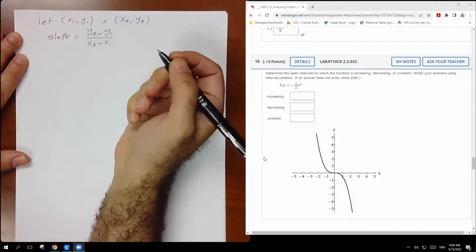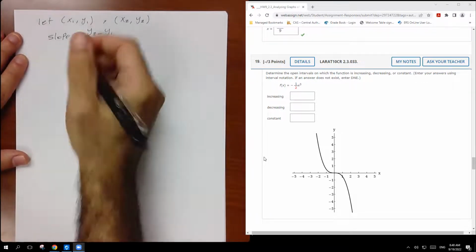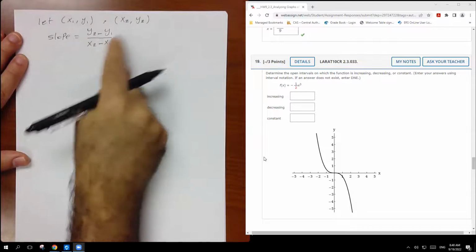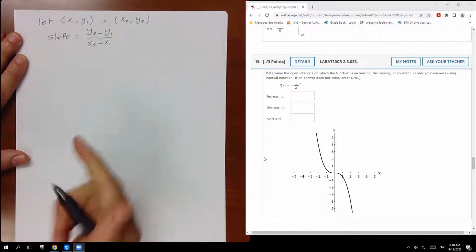This is the slope. And it depends on the sign of the slope. I'm not going to care about how much the slope is.